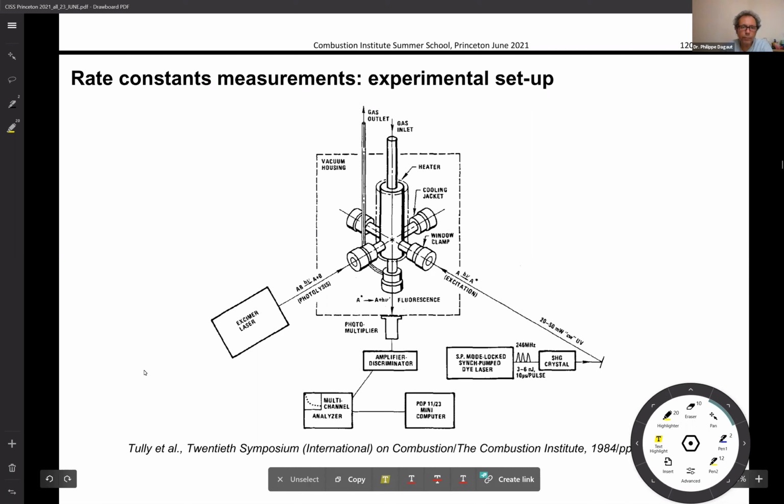So values of the K first are determined from various reactant concentrations by nonlinear least square exponential analysis of the exponential OH fluorescence decay, ranging from about 20 microseconds to about 2000 microseconds.